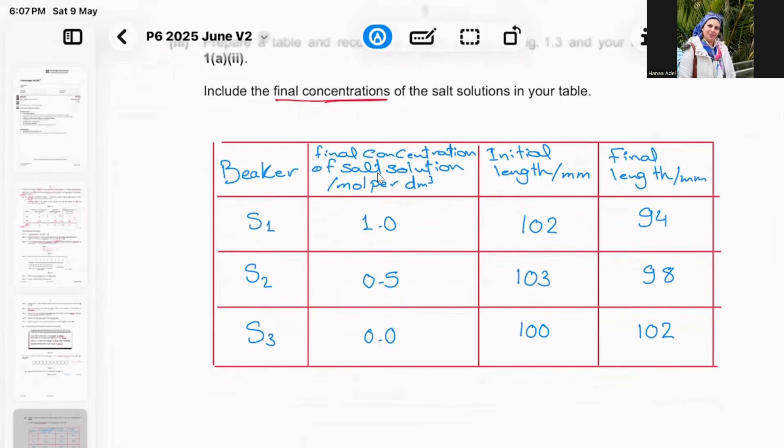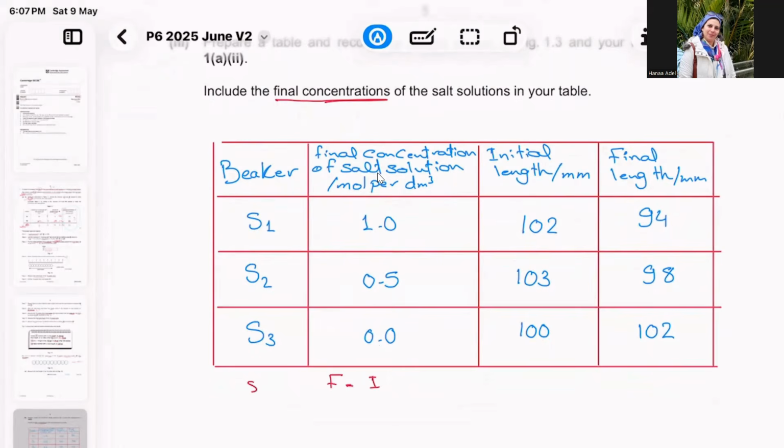Calculate the change in total length of 10 potato discs in each beaker. So if you have the initial length in millimeters and the final one, how can we calculate the change? This change may be positive or negative, it may increase or decrease. So we calculate the change as final minus initial.